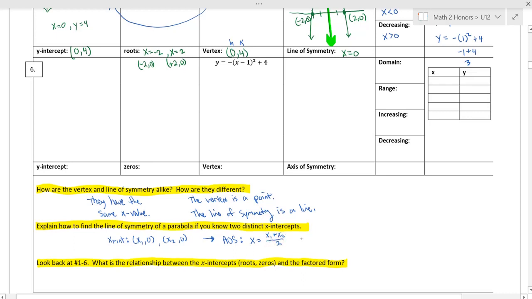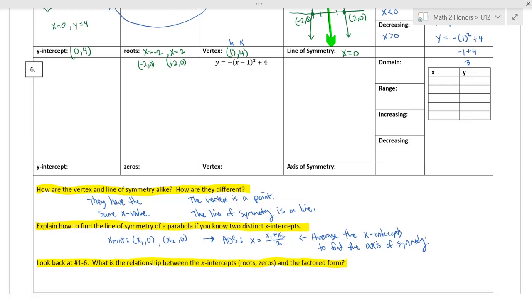So you average the x-intercepts to find the axis of symmetry. Or the line of symmetry.